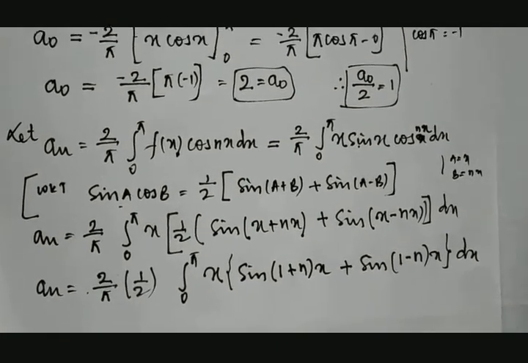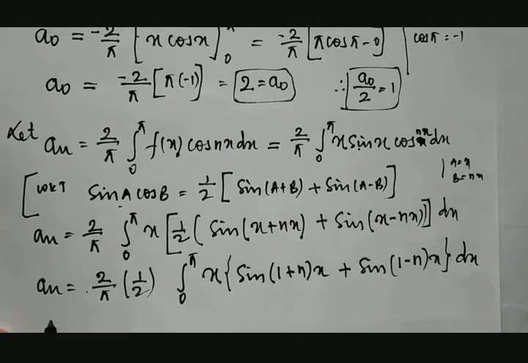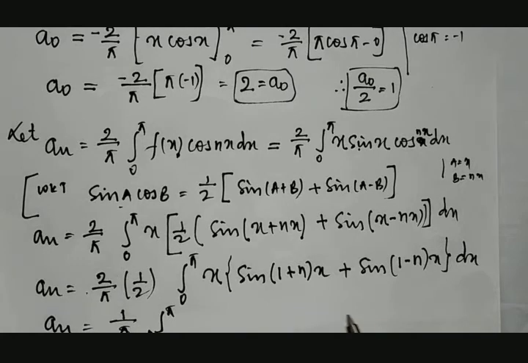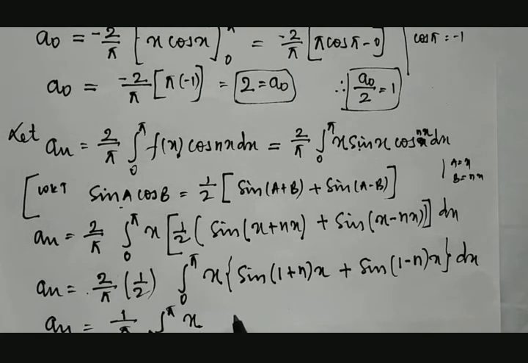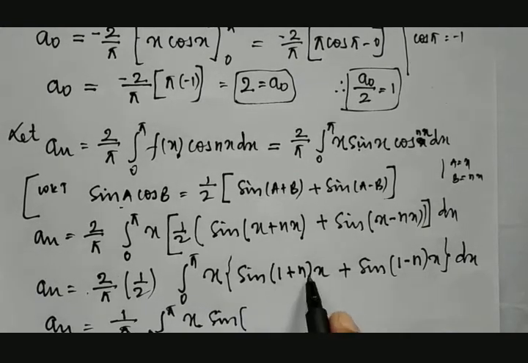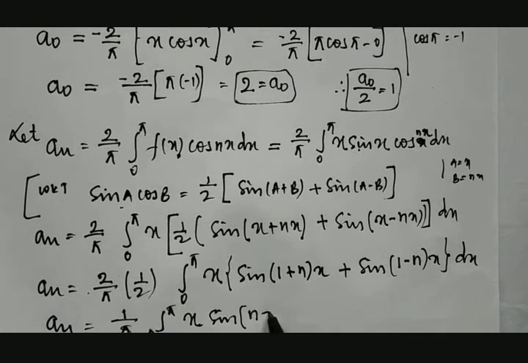Similarly, in simplification, 2 gets cancelled, it becomes 1 divided by pi into integration between 0 to pi, x into sine of, I'll take 1 plus n as n plus 1, doesn't make any difference.